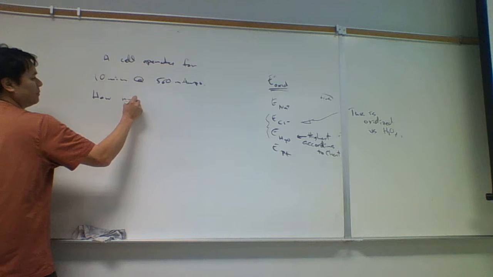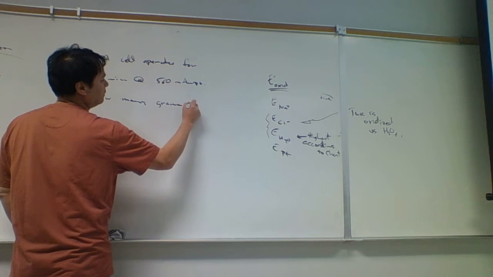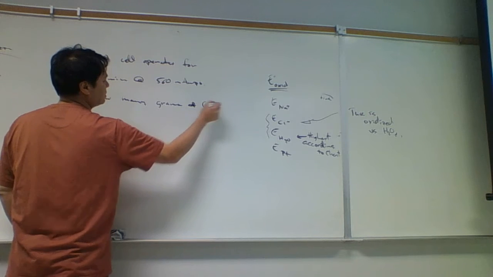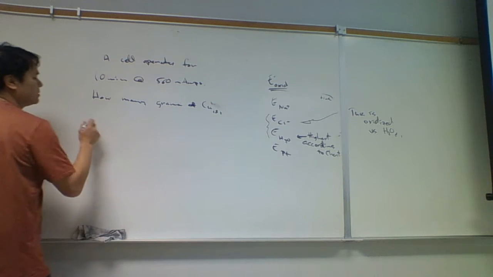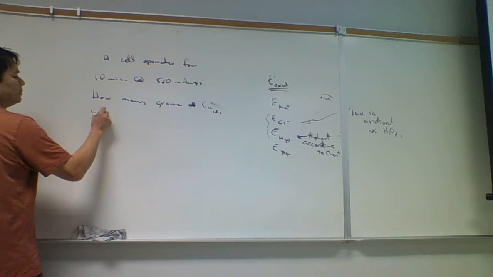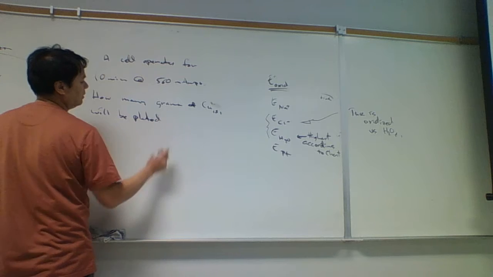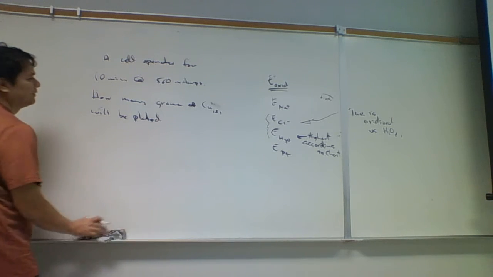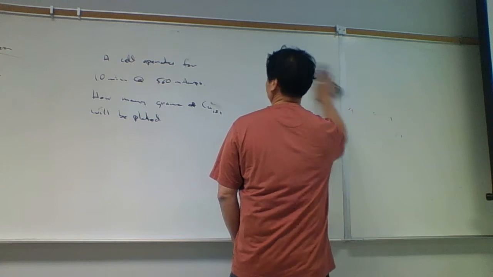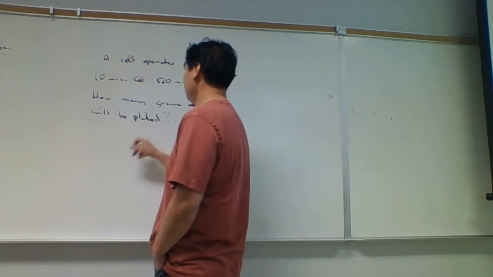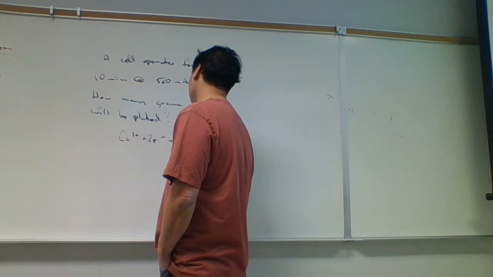How many grams of copper solid will be plated after this? So we know that copper 2+ plus 2 moles of electrons goes to copper solid.